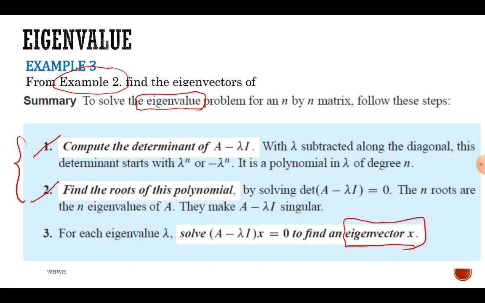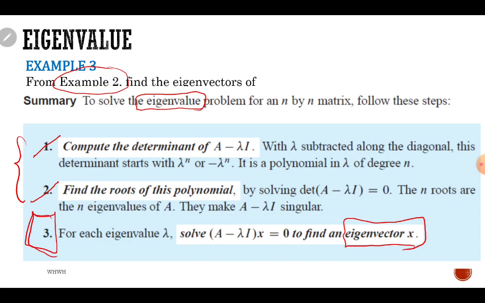Lepas tu kita solve lah dia punya equation, let it equal to 0, then we are able to get the lambda. Rujuk balik example 2 kalau masih tak clear, dan cuba buat sendiri sampai you dapat jawapan sama dengan saya. Okay, as of now I'm going to focus on example 3 yang mana kita nak cari eigenvector ni.